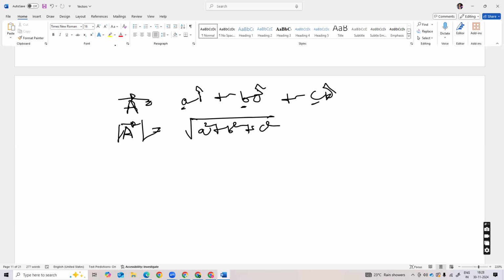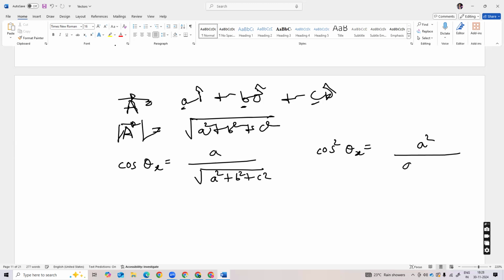So the direction cosine cos theta x can be given as a upon the square root of a square plus b square plus c square. If you take the square of this term, cos square theta x will give you a square divided by a square plus b square plus c square.